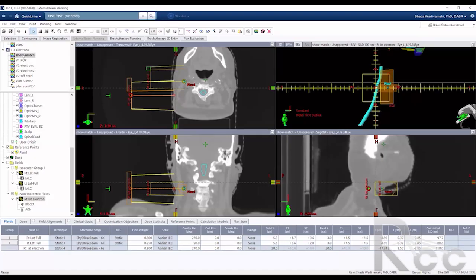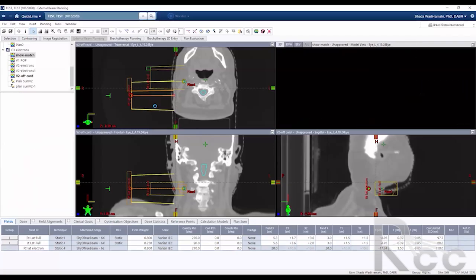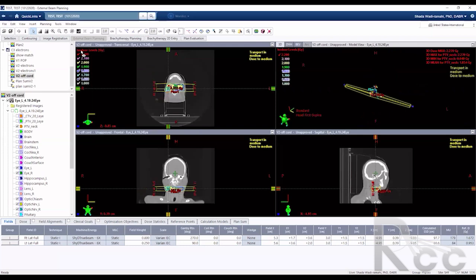So if I screw up one copy, that's fine. I can have other copies. So I showed you how by changing the size of the block here, you can see that the block is now not matched with the photon field. All right. So going back, I did this photon field, parallel opposed, off cord.